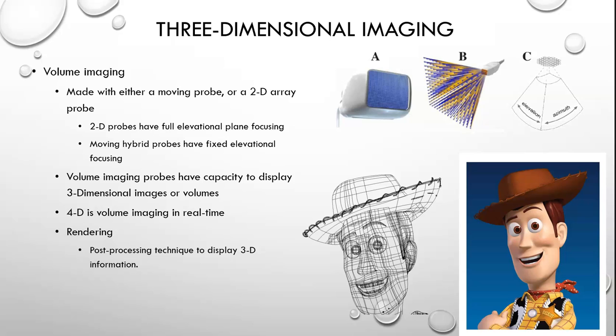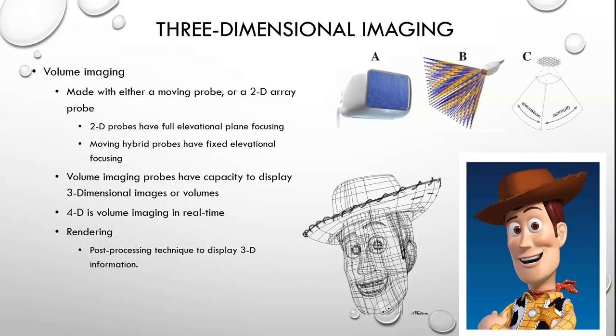A four-dimensional scan is just simply a volume scan in real time, and we utilize a technique known as rendering to make that volume of information appear three-dimensional on our screens.